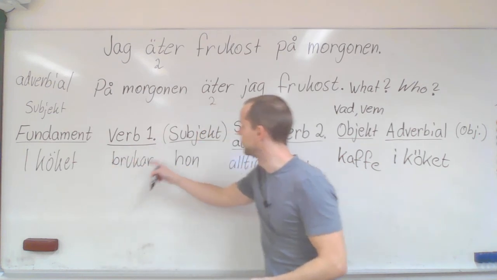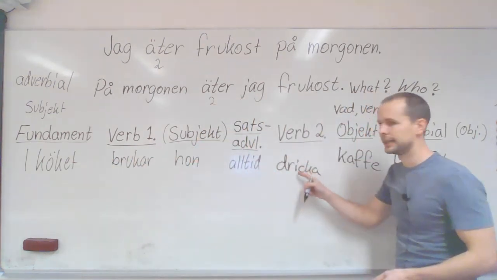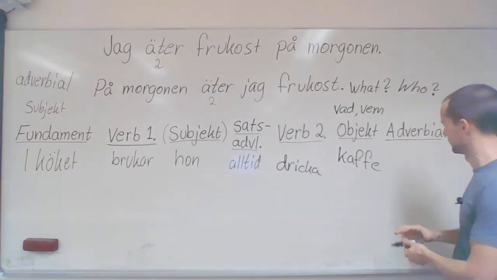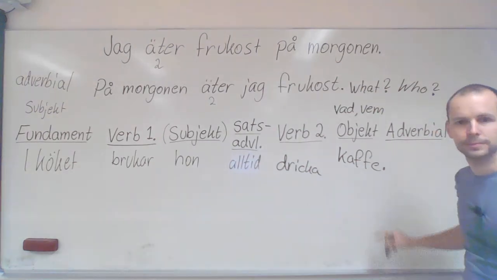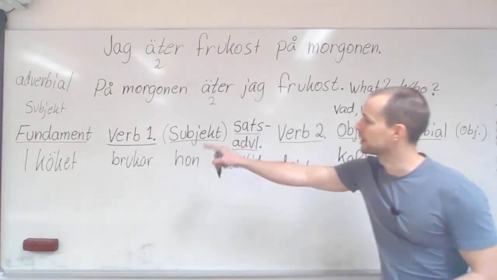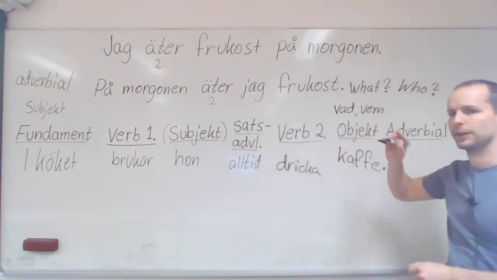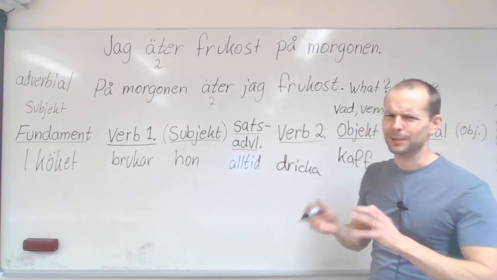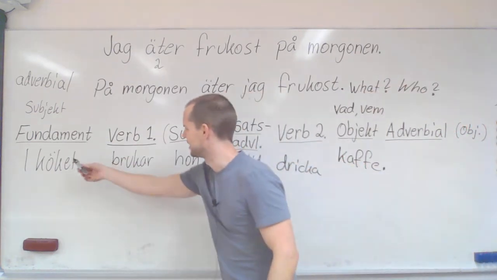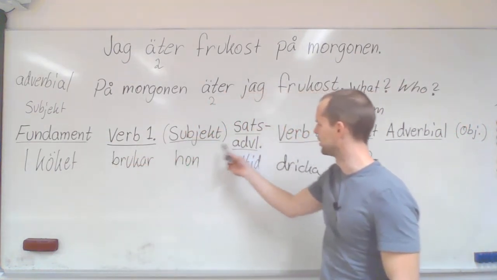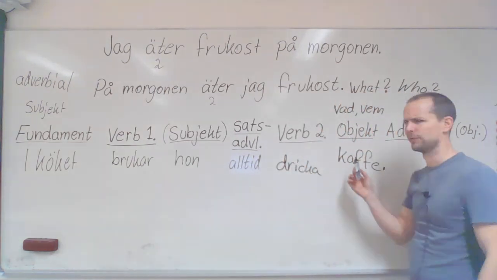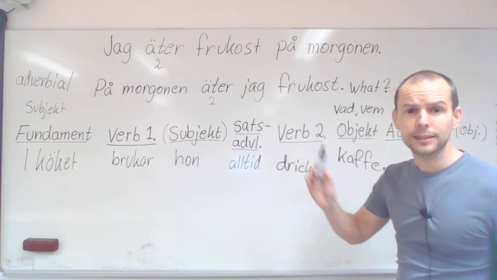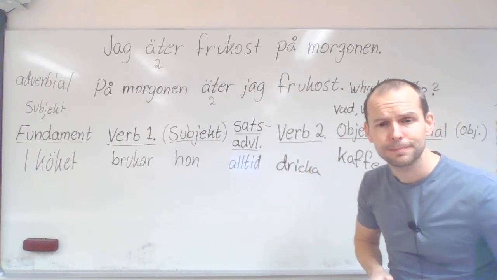I köket brukar hon alltid dricka kaffe. Punkt. Dot. I köket brukar hon alltid dricka kaffe. This is the sentence. So in English it becomes a bit strange. In the kitchen, usually she always drinks coffee. But this is how it works in Swedish.